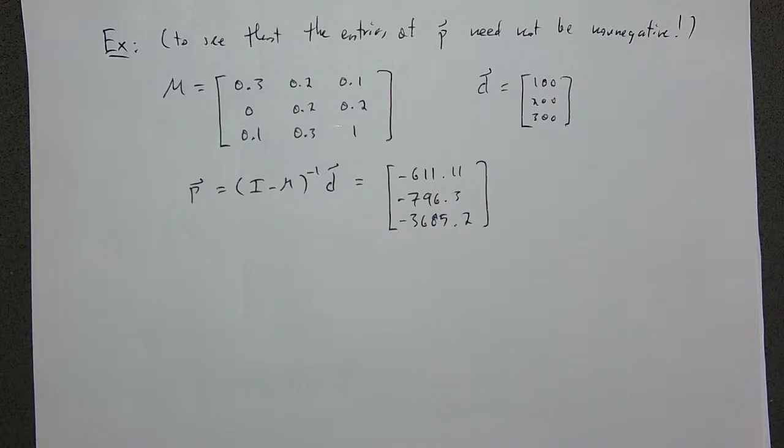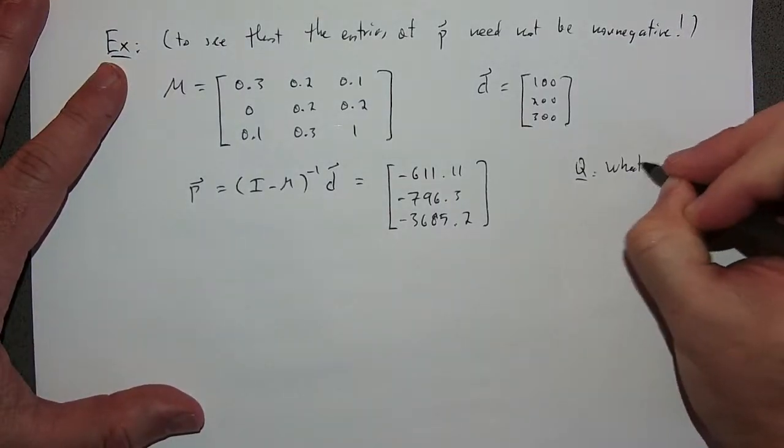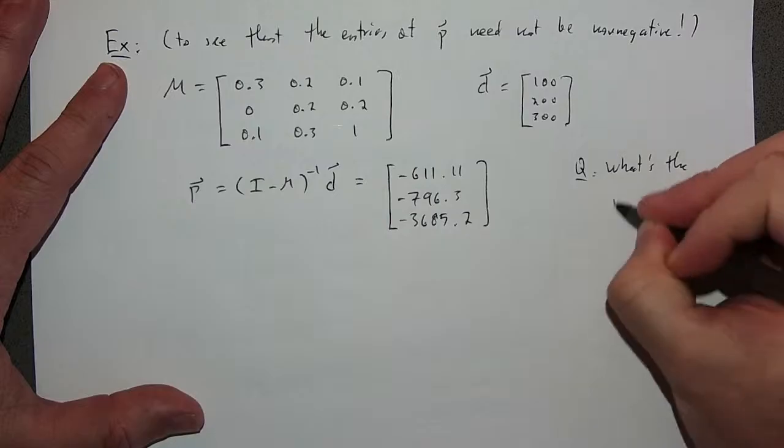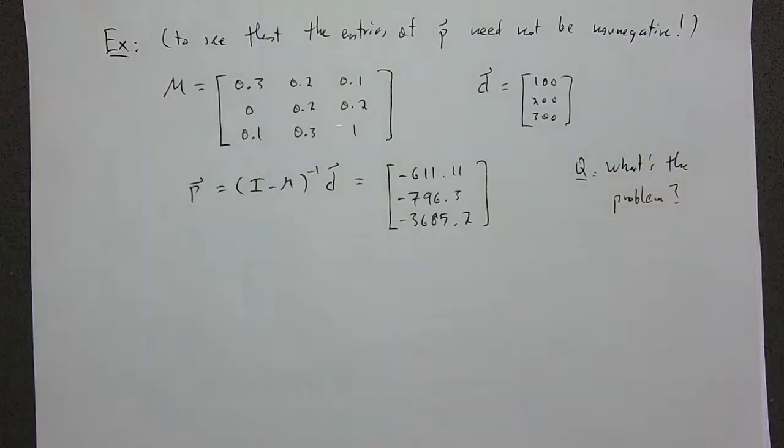But what is it that is happening here? So question, what's the problem? You might note that the entries of the consumption matrix aren't strange in the sense that there are no negative numbers showing up. So what is going on here?